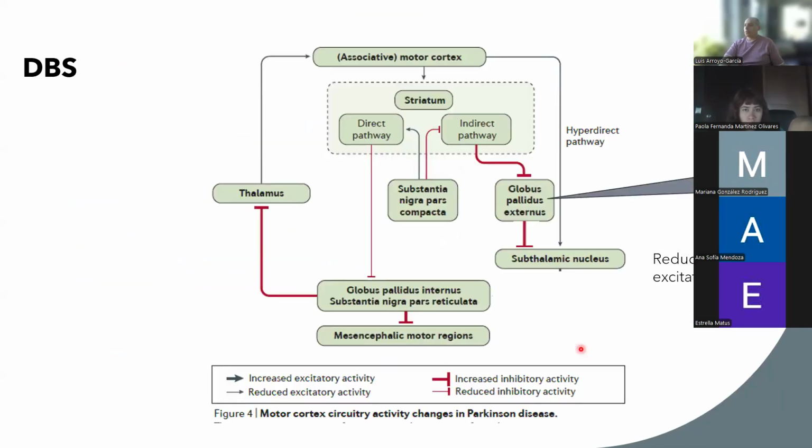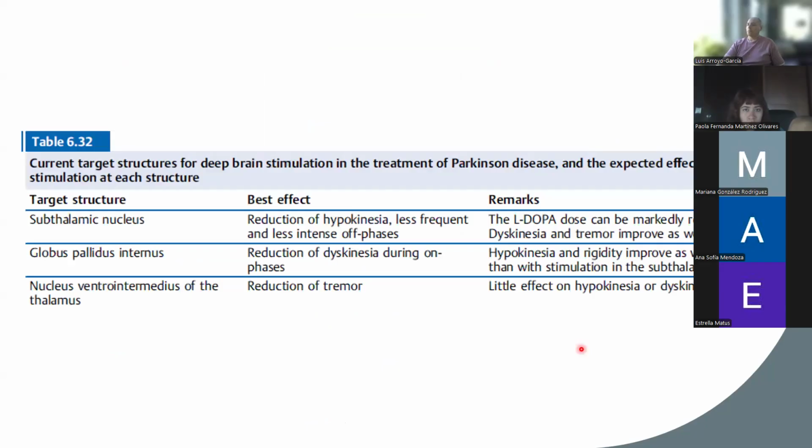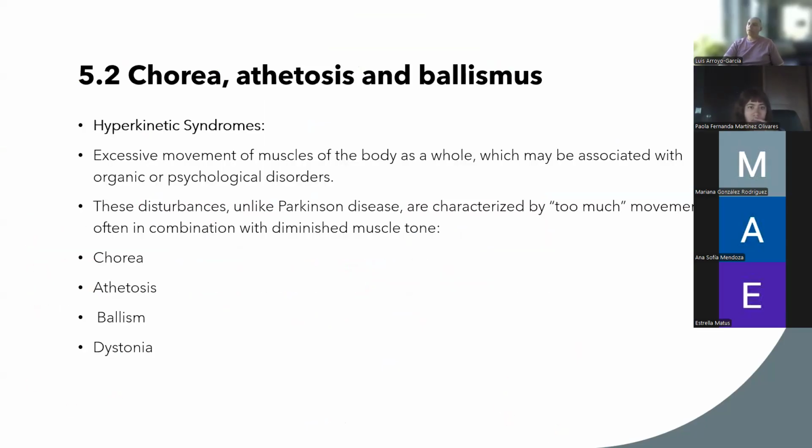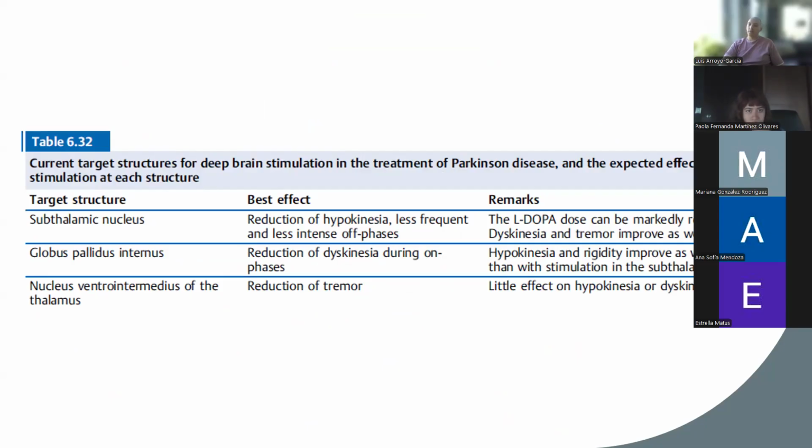So when we target these structures, we have reduction of hypokinesia, reduction of dyskinesia during on phases, and reduction of tremor if we target different structures. And then, yeah, this is Parkinson's disease. Questions so far?